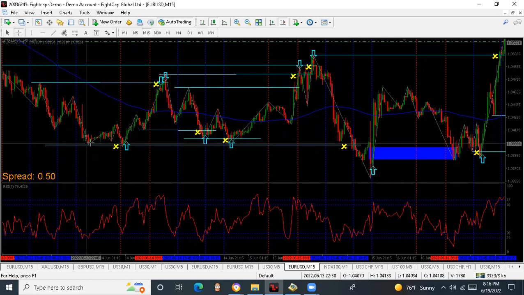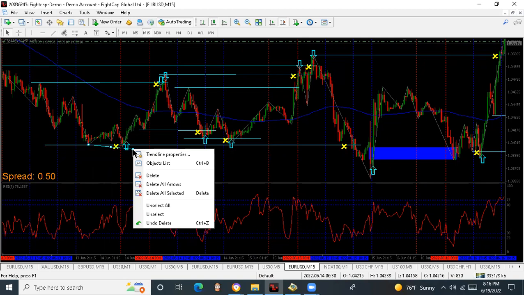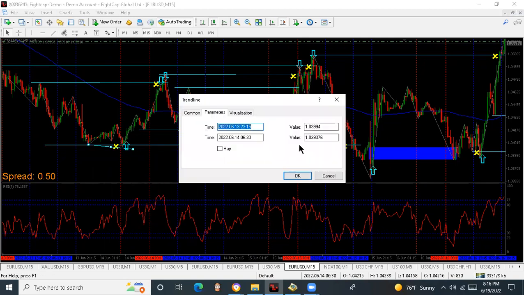Low, and then a lower low, right? Let's do these so you can see them.